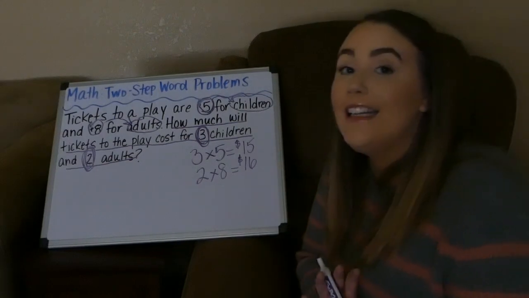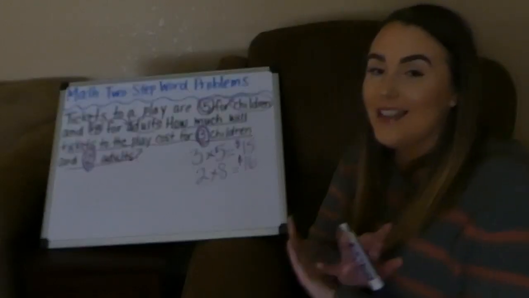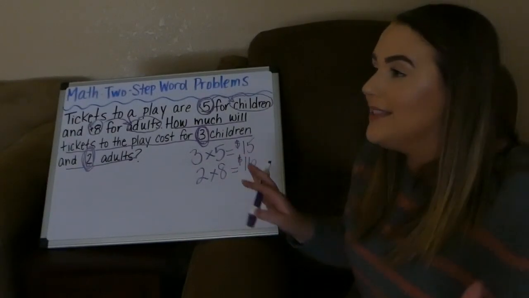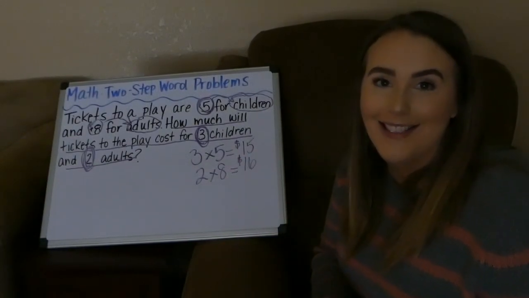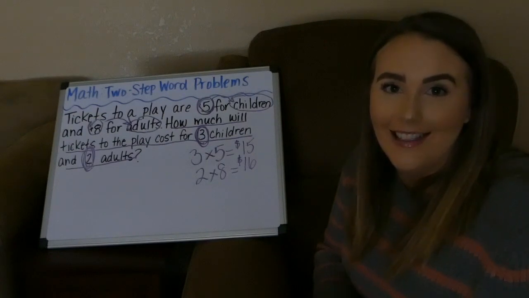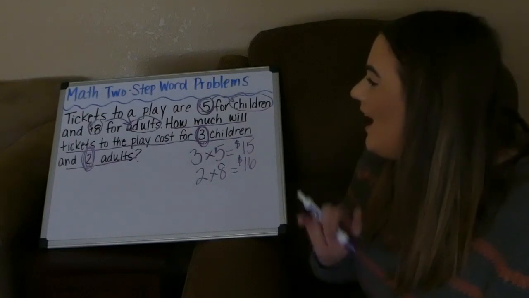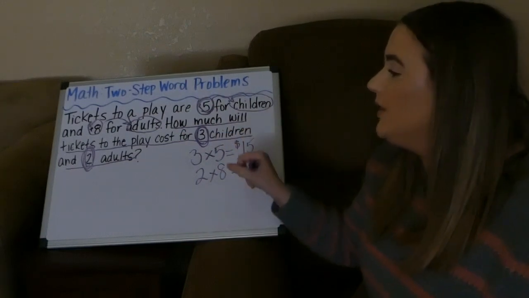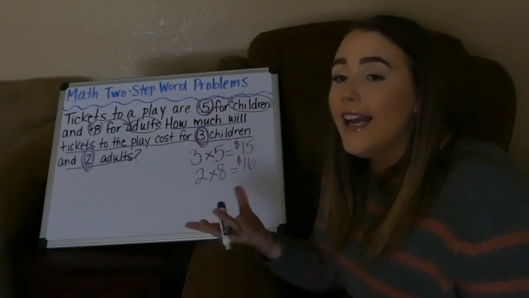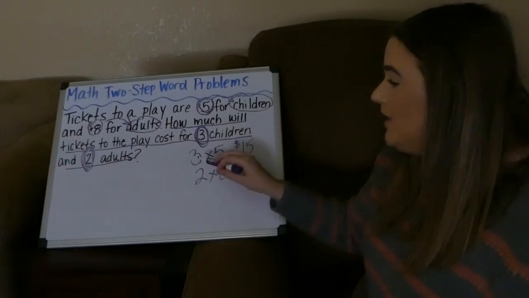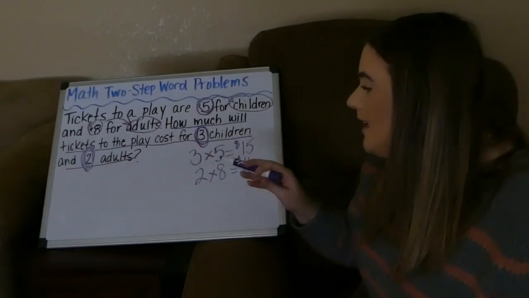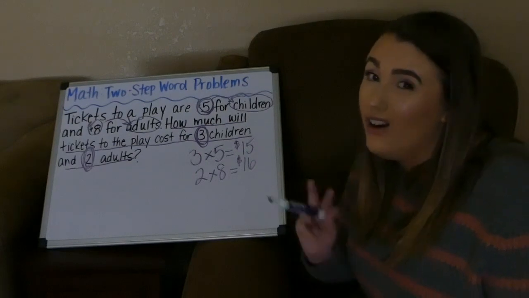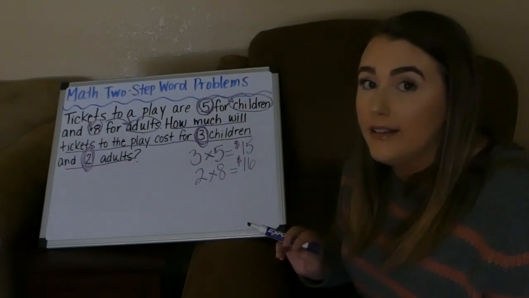Now, am I done here? This is another great time for you to pause the video and talk with those around you. Okay, I want to know how much will tickets to the play cost for 3 children and 2 adults. Now, technically, you know how much the tickets for the children cost and how much the adults cost, but do you know how much money you're going to be spending all together for that family?